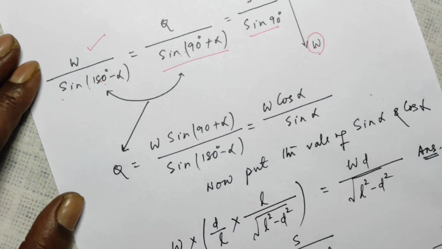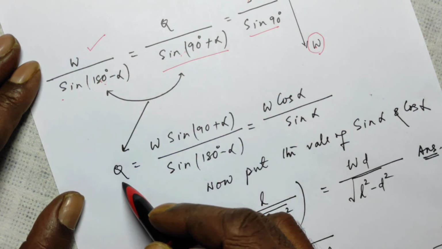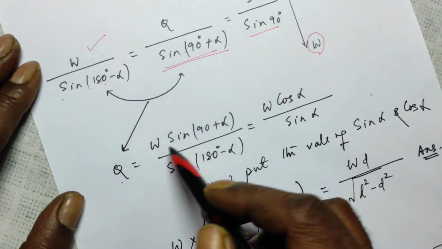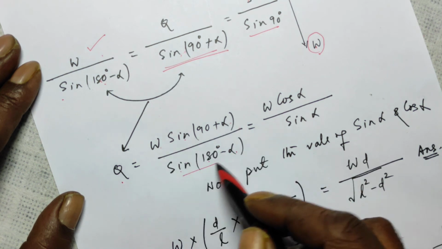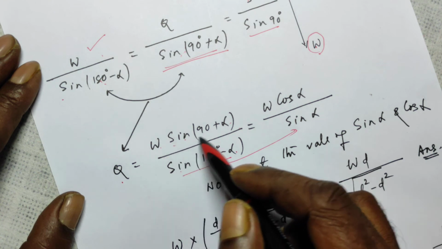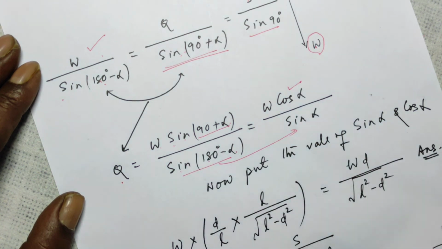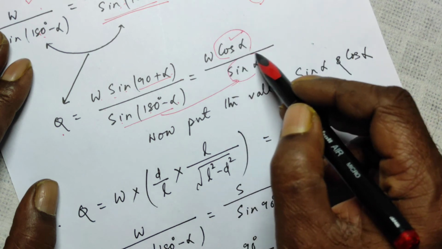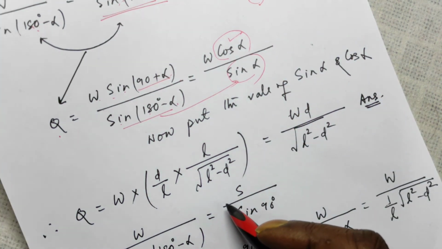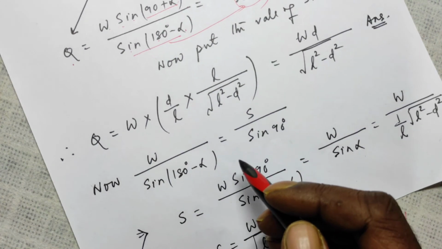Now if you consider these equal fractions and cross multiply, you get Q equal to W sine of 90 plus alpha over sine of 180 minus alpha. Sine of 180 minus alpha is sine alpha. Sine of 90 plus alpha is cos alpha. Now substitute the values of sine alpha and cos alpha.